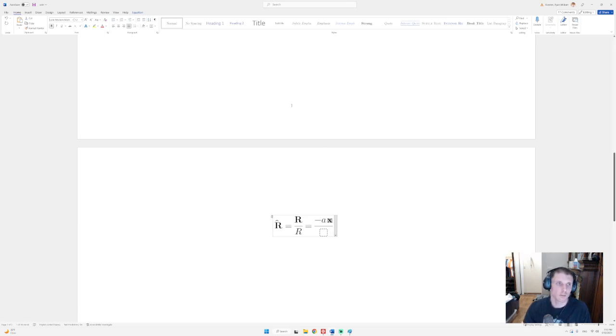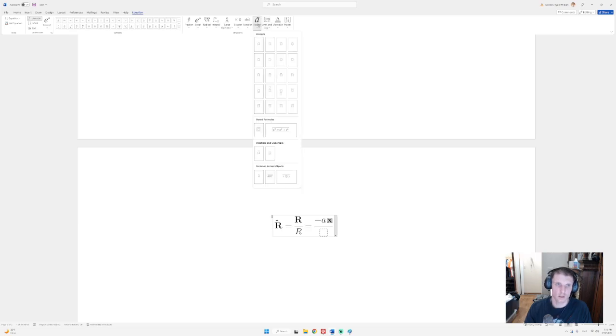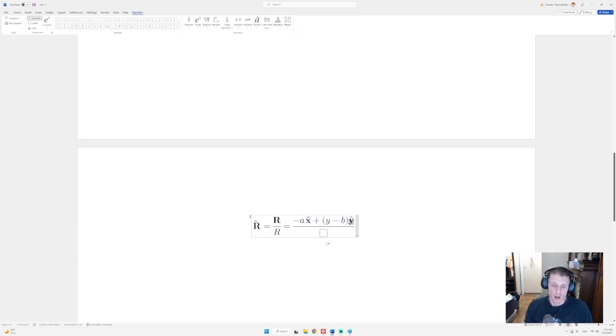x hat, because we're using unit vectors now. And then plus y minus b. These should not be in bold. y hat. Like this. So this is our r vector, just expressed a different way. We already knew this because we already solved for it. And then down here, we just write out the square root.